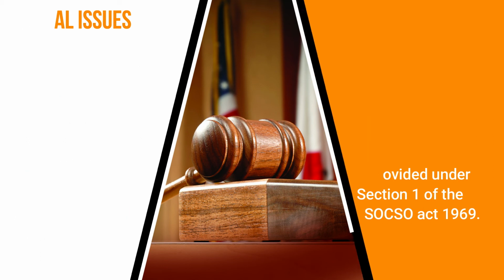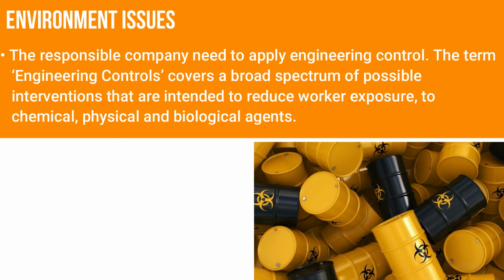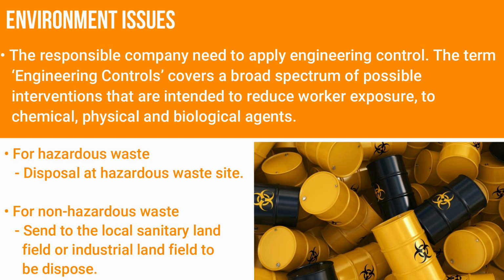Environment issues. The responsible company needs to apply engineering controls. The term engineering controls covers a broad spectrum of possible interventions that are intended to reduce worker exposure to chemical, physical and biological agents. Hazardous waste needs to be listed on the manifest and stated for disposal at a hazardous waste site.